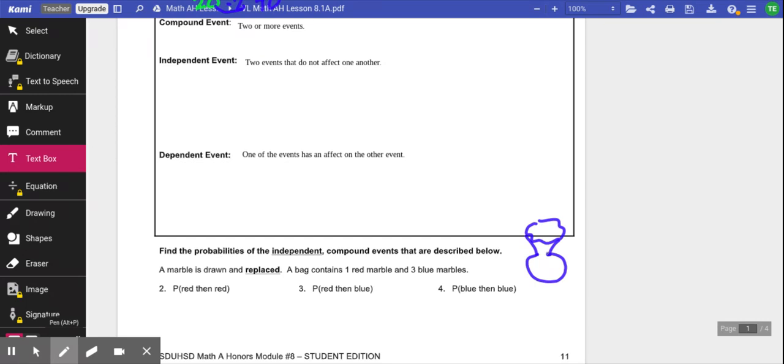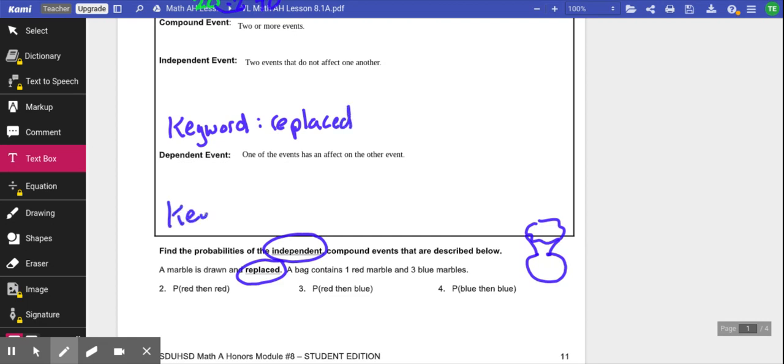So this is independent because we see the word replaced. That's a good thing to put up here. So the keyword here would be replaced. The opposite of replaced is without replacement. So the keyword for dependent is without replacement. Those are two things we're going to be looking for.